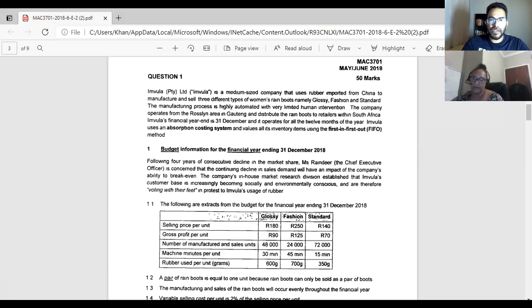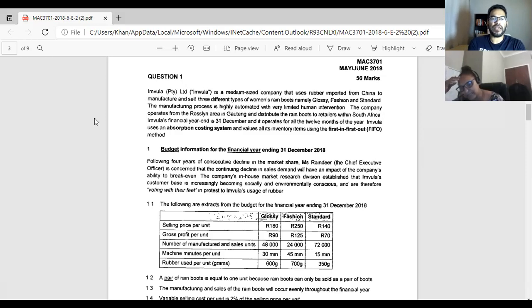Now and then they throw some strategy risk management question into cost accounting. It is mainly a financial management question, but sometimes they throw it in this Mac. Knowing that you are importing rubber from China is important to understand how you do your business.